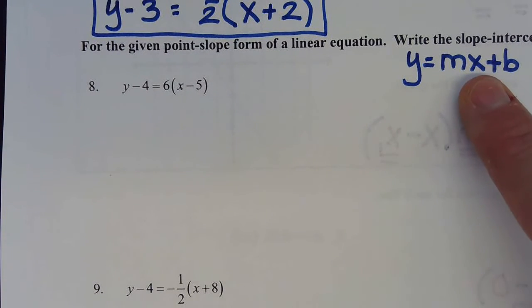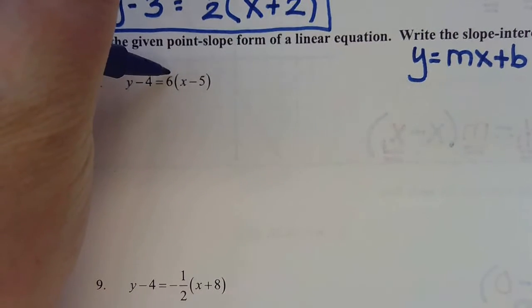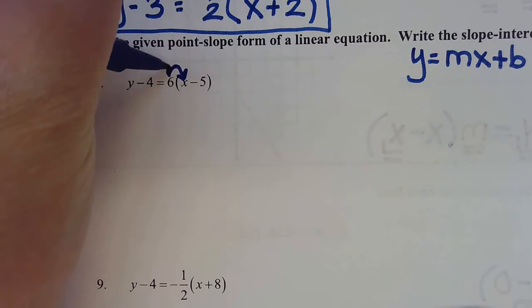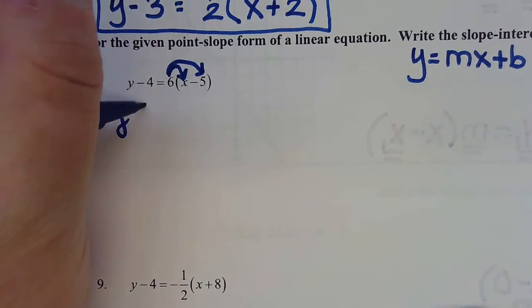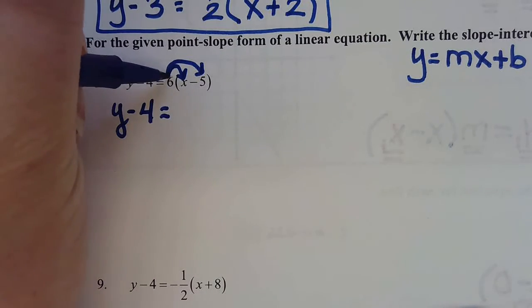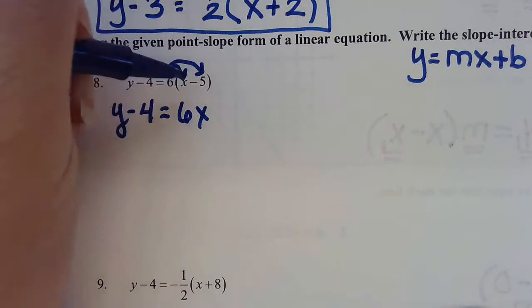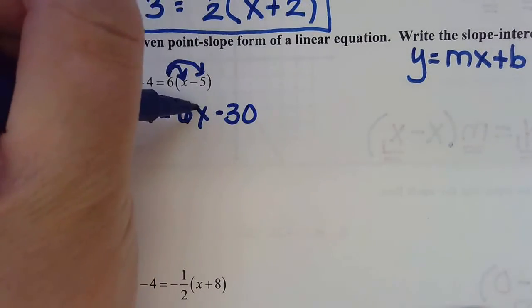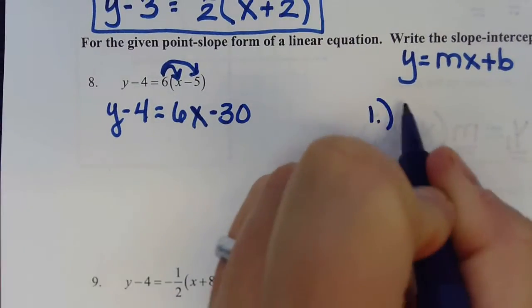Notice that my slope-intercept form does not have parentheses, so I need to distribute to get rid of them. When you distribute, do you add, subtract, multiply, or divide? Multiply. So I have y minus 4 equals 6 times x is just 6x. 6 times negative 5 is negative 30. So the very first thing we did was distribute.